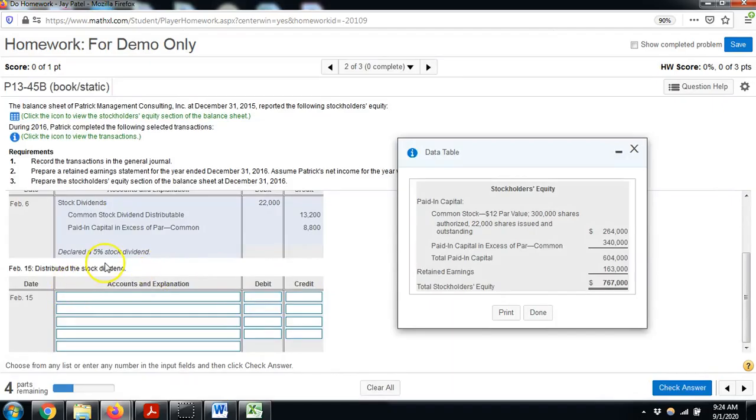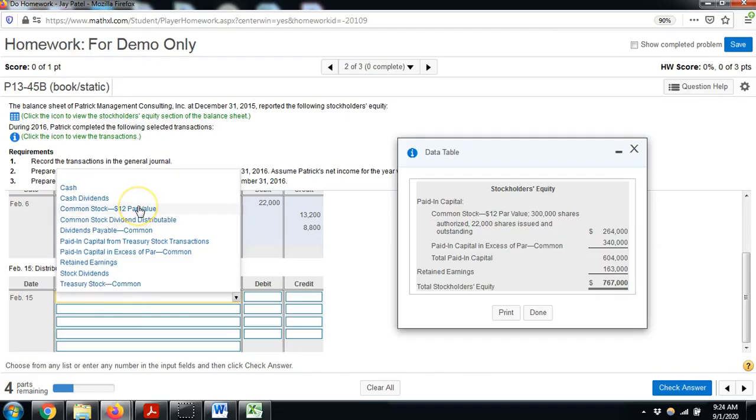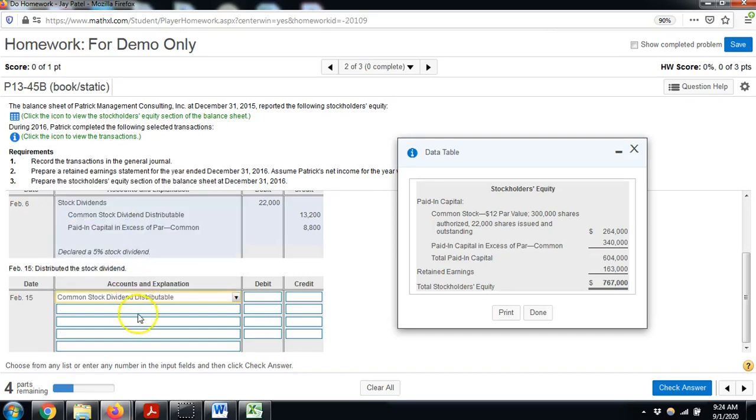So now we actually distribute the stock dividend. So in this transaction, we had this payable or this liability. So now we're going to actually issue the shares. So we need to clear out this liability we created here, and then we actually issue the shares at par value.